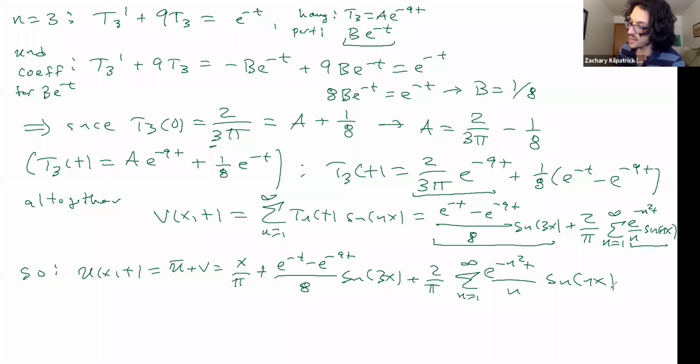So what did we learn here? Okay. First of all, remember that when you're solving a forced PDE, you just solve for the homogeneous solution first, and then you use the temporal coefficients in order to construct the contribution of the inhomogeneity.